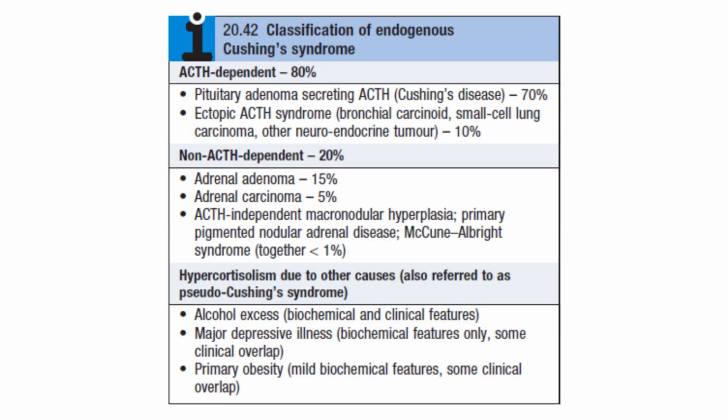Now, when you have a clinical feature suggestive of Cushing syndrome, you think of two things. Either it can be ACTH dependent, as I already told, or it can be non-ACTH dependent. Now, you can see that 80% is ACTH dependent.